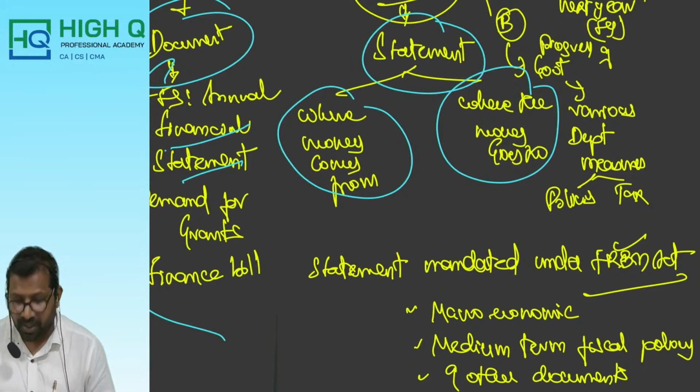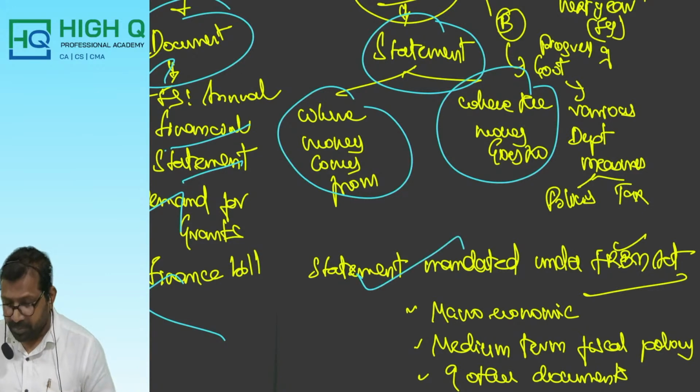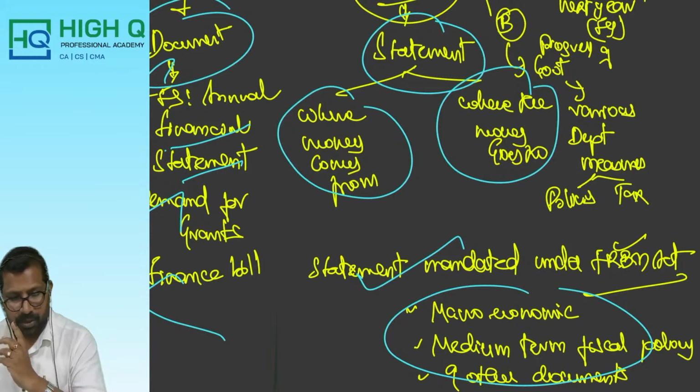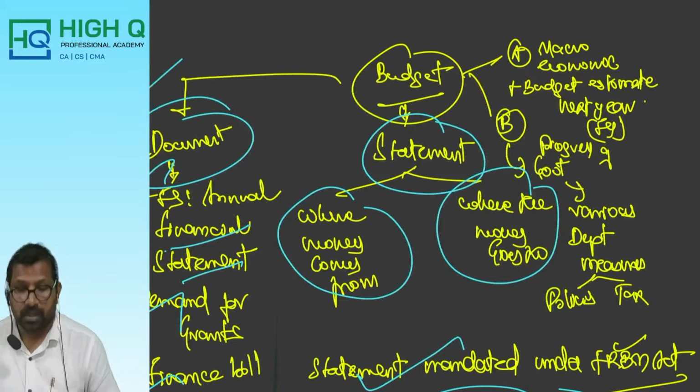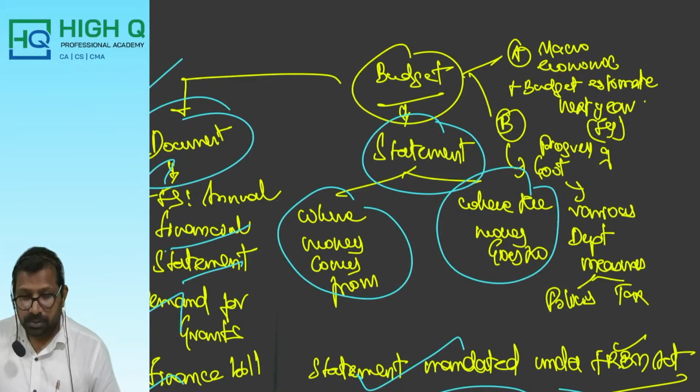The meaning of AFS, annual financial statement, demand for grants, financial bill, statements, and the rest of the documents also are to be presented along with the budget. So all these documents are to be presented for the purpose of budget.